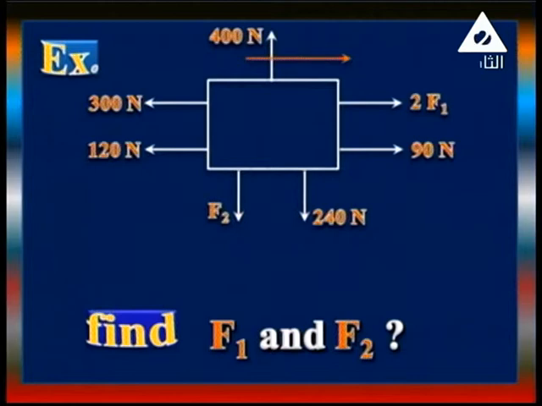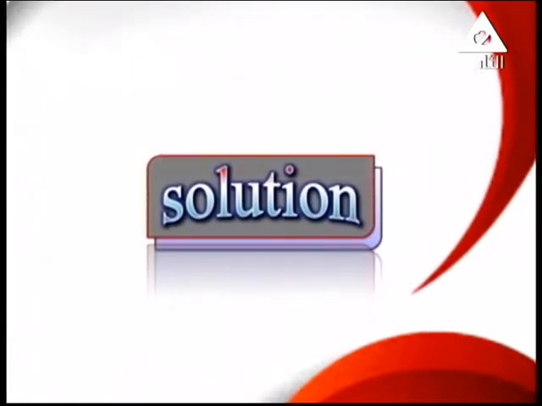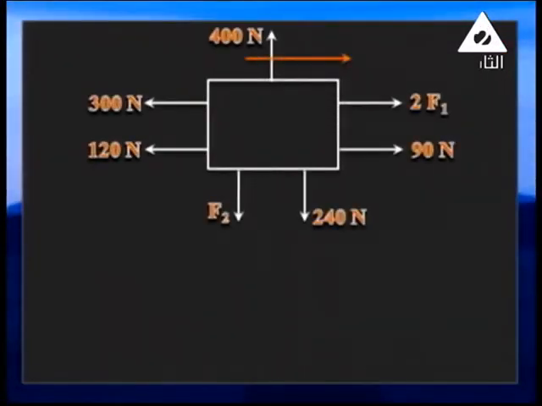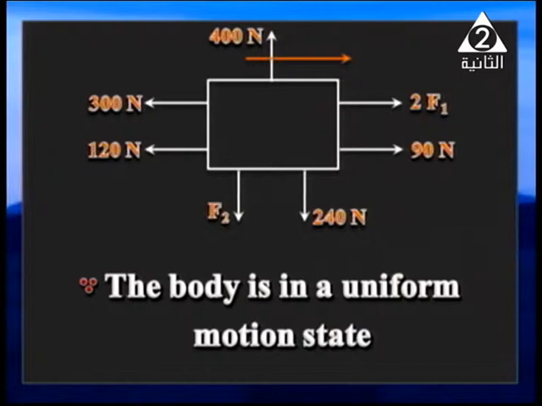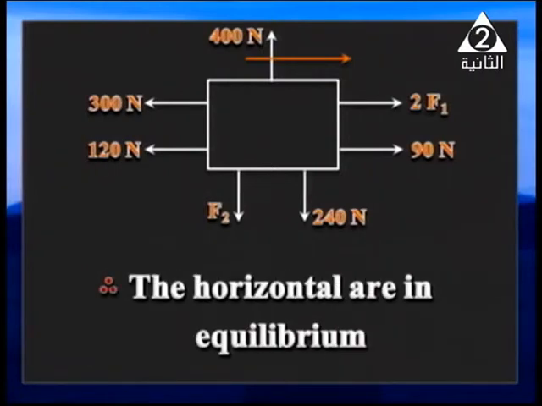Look at the solution. The body is in a uniform motion state. Uniform motion means the horizontal forces are in equilibrium.